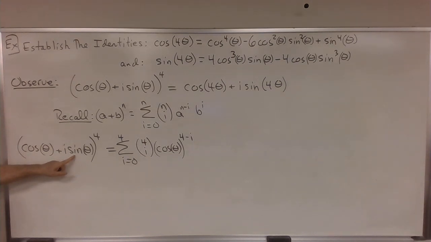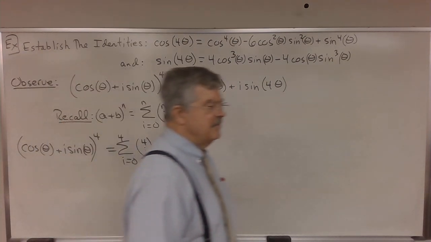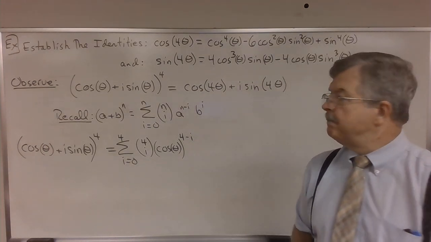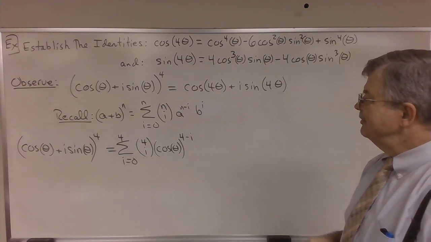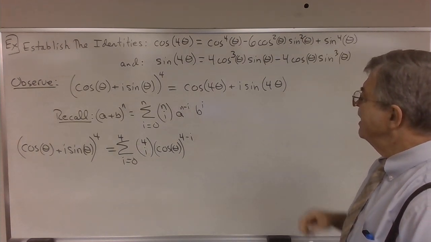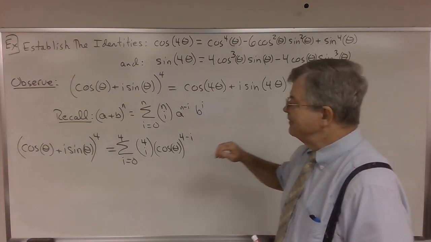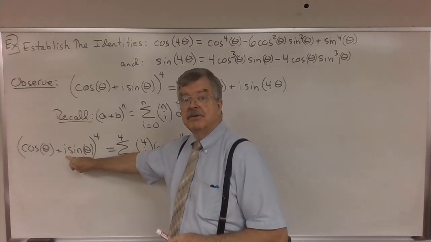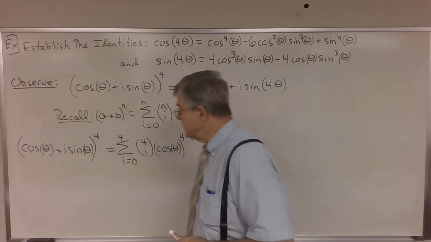Ew. You know what? Sometimes lack of foresight will come and bite me in the rear end, and this is one of those things. I have an i here, square root of -1.